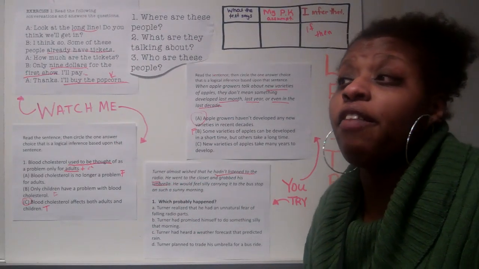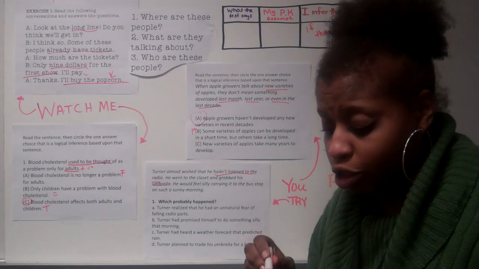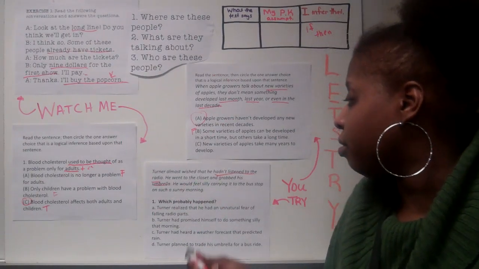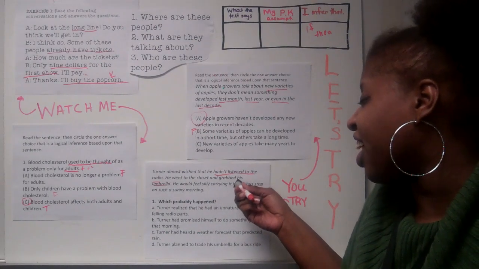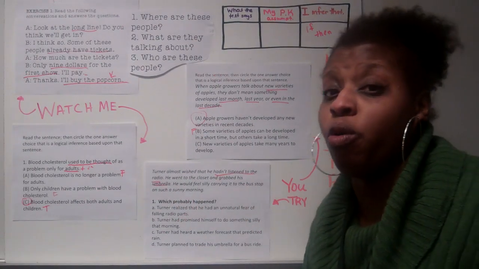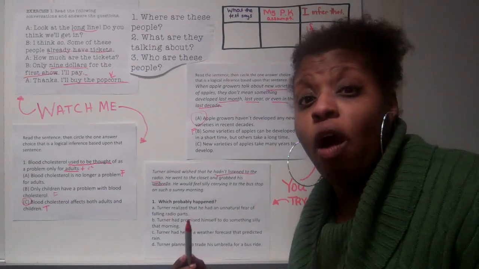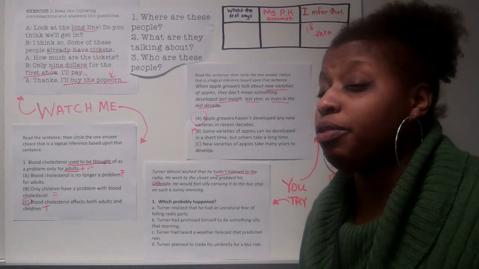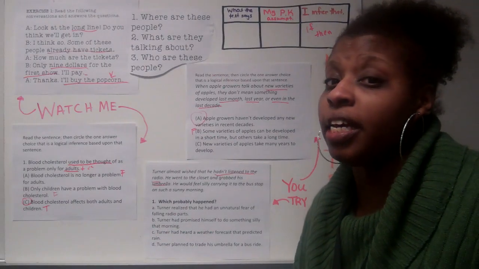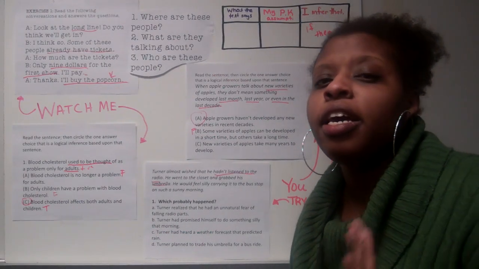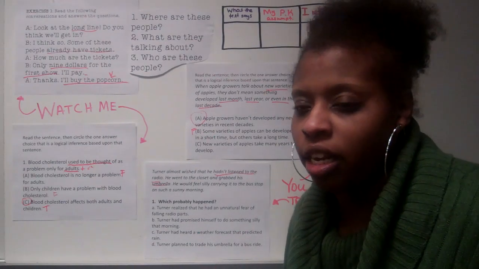So clearly, whatever he heard on the radio was related to weather, because you grab an umbrella when it's raining. Then it says he would feel silly carrying it to the bus stop on such a sunny morning. So then I can think, okay, clearly the meteorologist or the weatherman said it was going to rain, but currently it was a beautiful sunny morning, which is why he'd feel silly carrying an umbrella in sunny weather.